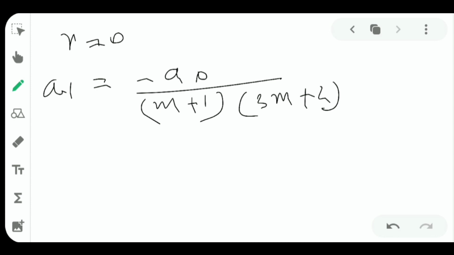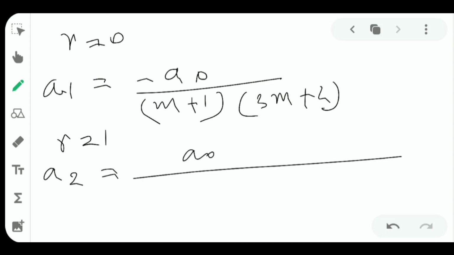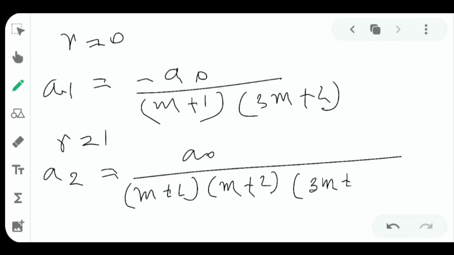And if you put r equals 1, then a2 will be equal to a naught upon the total result, with m plus 1, m plus 2, and 3m plus 5.